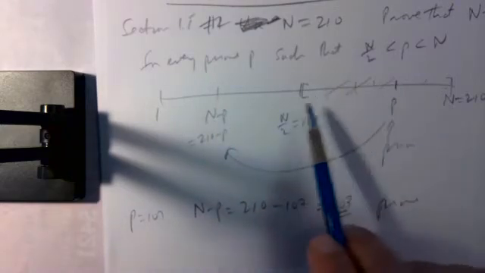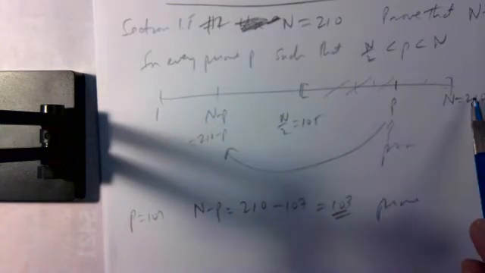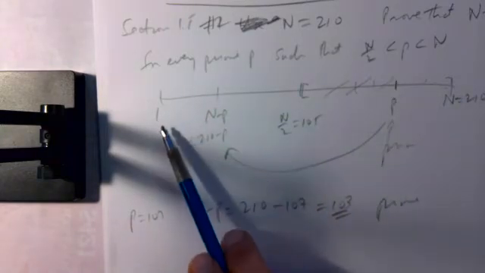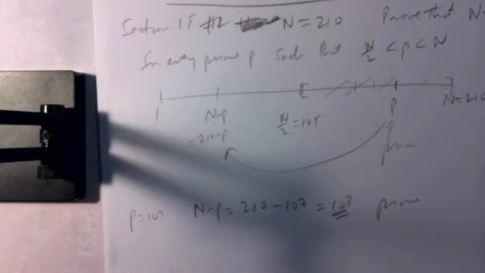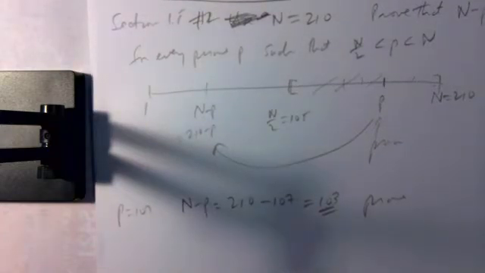So for every prime between 105 and 210, there's a prime between 1 and 105. So this is just a calculation.